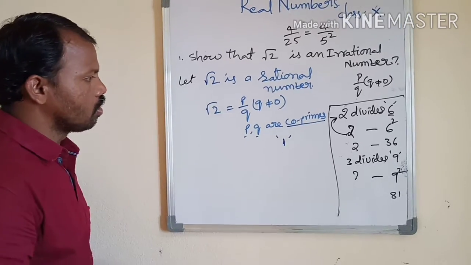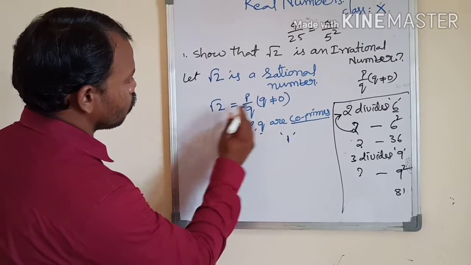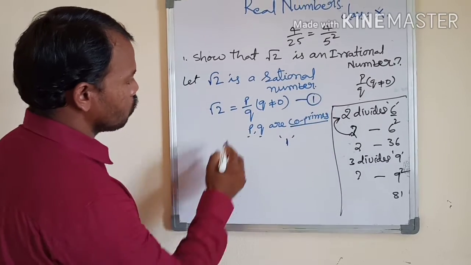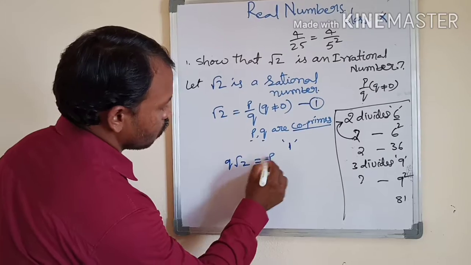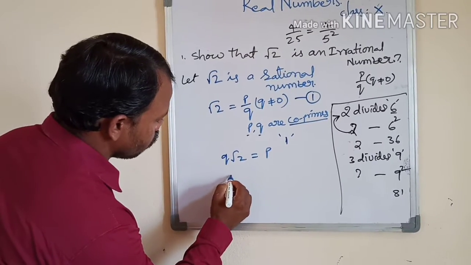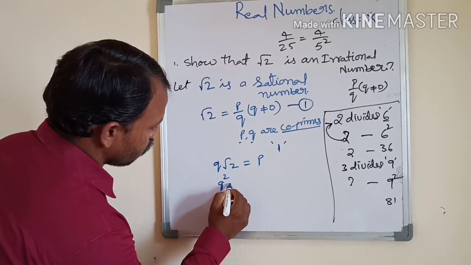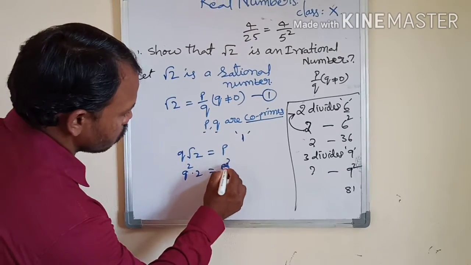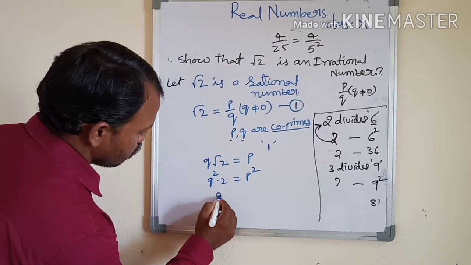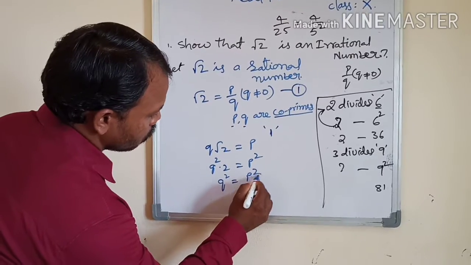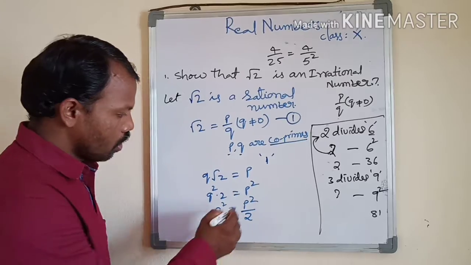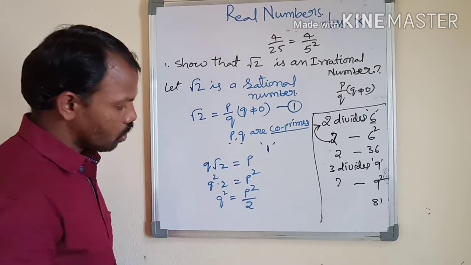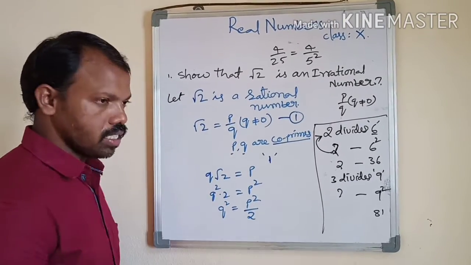Let us take squaring on both sides. Let this be equation 1. Then q root 2 is equal to p. Squaring on both sides, what will you get? Q square into 2 is equal to P square. Then Q square is equal to P square by 2. So P square is divided by 2, that means 2 divides P square.